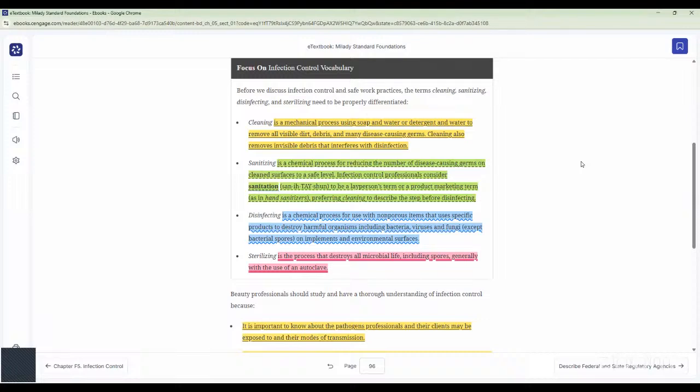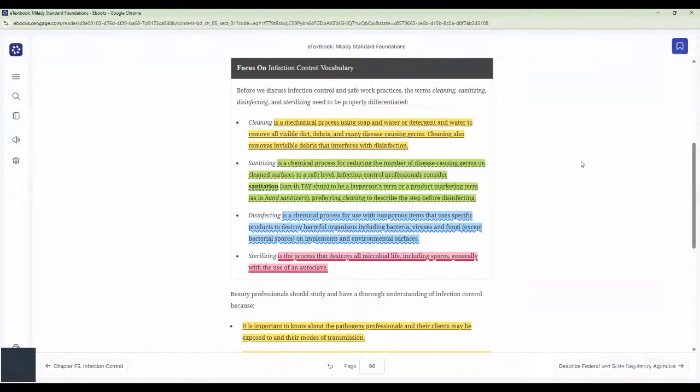Cleaning, soap and water on the cabinets. Okay, it's just cleaning. It's gonna do what it do. It's gonna get rid of visible dirt. And it's gonna help in the process of eliminating other things that disinfection really can go in and do. But it's gonna be your initial process.